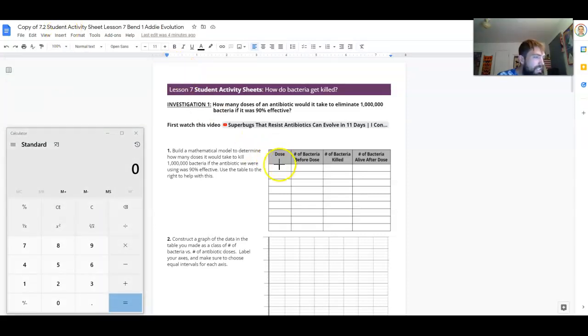And let's say we are doing 1 dose. We would have 1,000,000 bacteria to start off with. And if we took 1,000,000 and 90% of the bacteria were killed, or 90% is effective, it would look something like this.